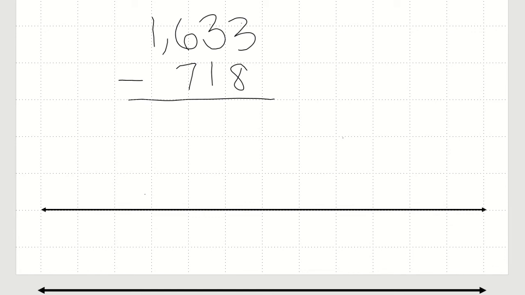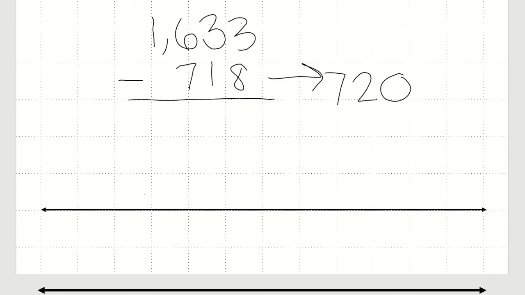All right, so when I round, I might end up with a different answer compared to when I use compatible numbers. They are very closely related, but when I think about compatible numbers, I'm looking for the friendliest number that I can use to help me solve it mentally. So I'm going to look at the 718 first, okay? And rather than rounding that all the way down to 700, I think 720 would be a number that I could probably use to subtract fairly easily in my head.